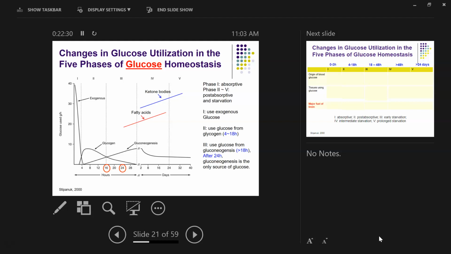And ketone bodies start to increase after 2 days of starvation. Any questions about the timing of the starvation and how our body utilizes the different sources of glucose, particularly?